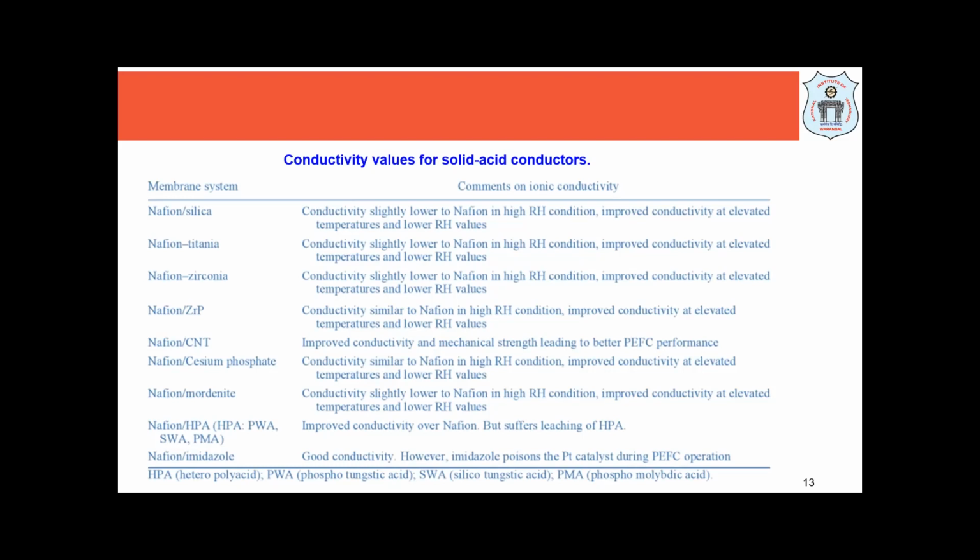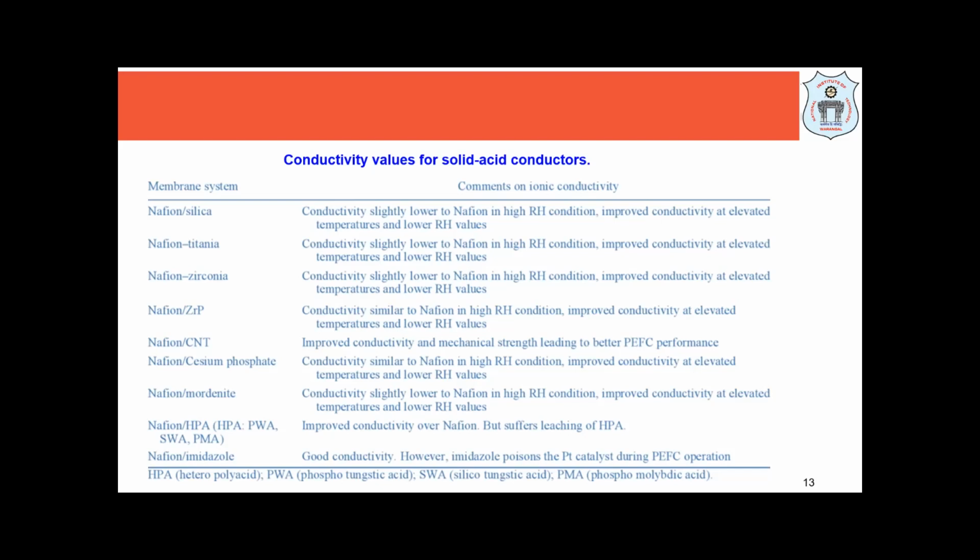So I'll just read out one of them. If you look at Nafion incorporated with carbon nanotubes, what we observe is improved conductivity and mechanical strength, which leads to better PEM fuel cell performance. Okay. And when silica is added, what is happening? Conductivity is slightly lower than Nafion in high relative humidity conditions.